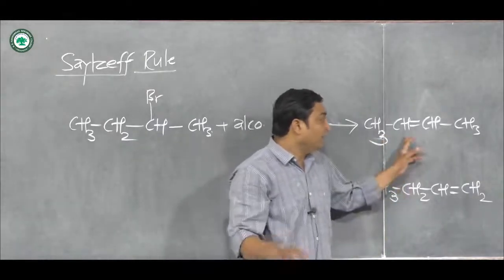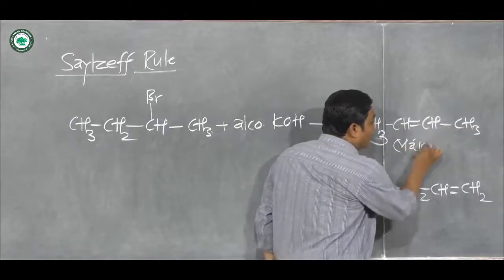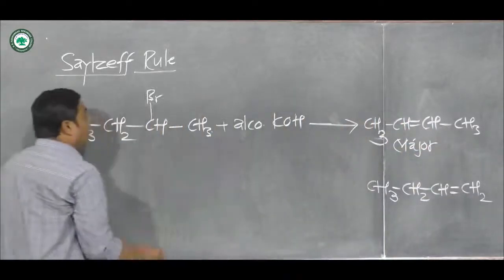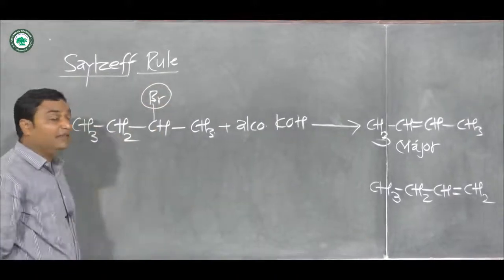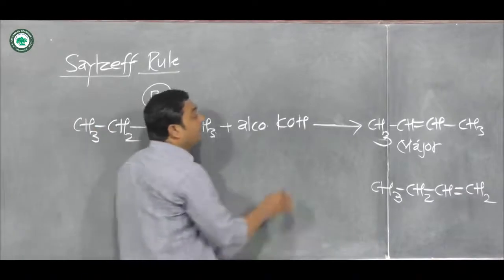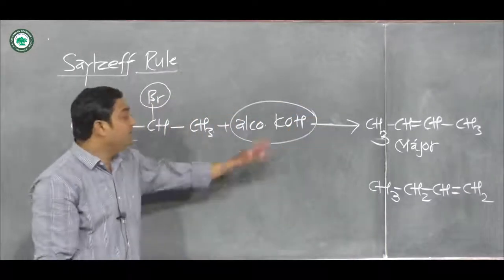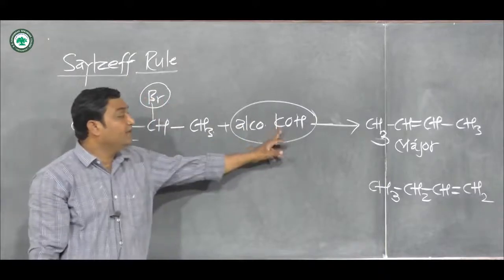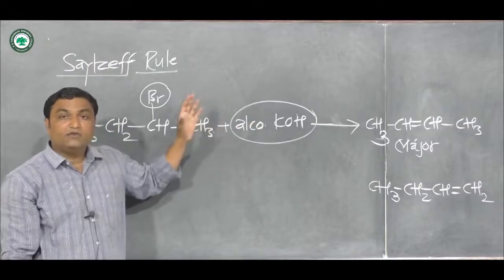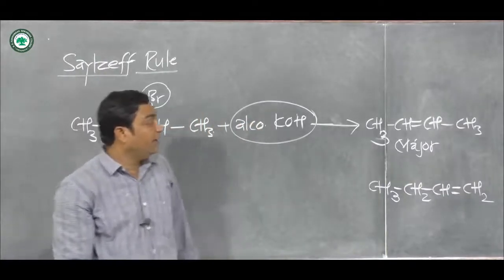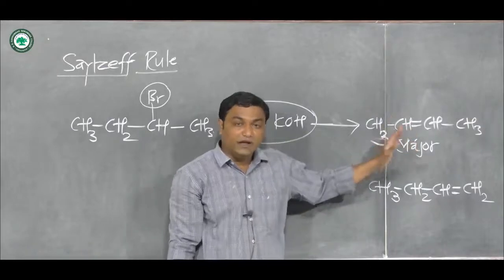Now when will this alkene be formed to a major extent? When the leaving group, that is the halogen atom in this case, and the base, that is alcoholic KOH, used in this reaction are smaller in size, then we will obtain the more substituted alkene as a product.